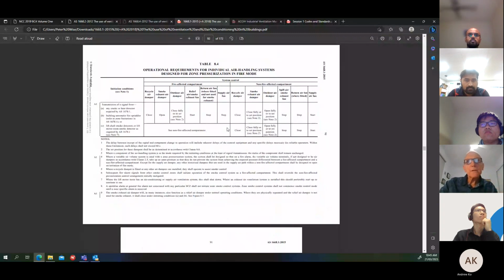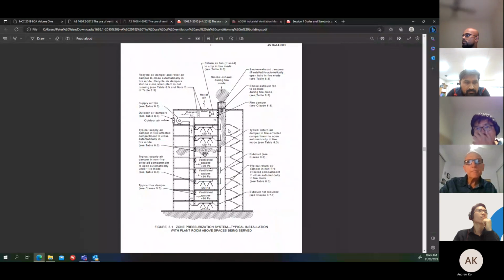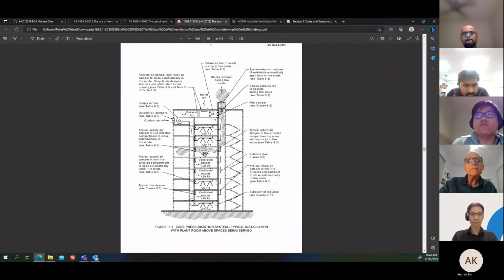But there's a number of diagrams at the end of most of these sections. And this can be quite helpful if you're looking at a building, say this one here, that is a multi-storey building. What do we need to do for this building, for a zone pressurisation system? You can have a look at that in your spare time, but when you read it, it's quite straightforward.